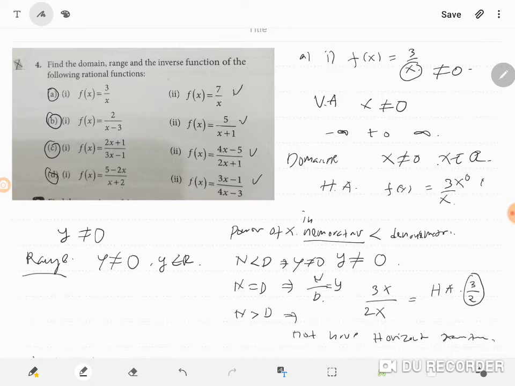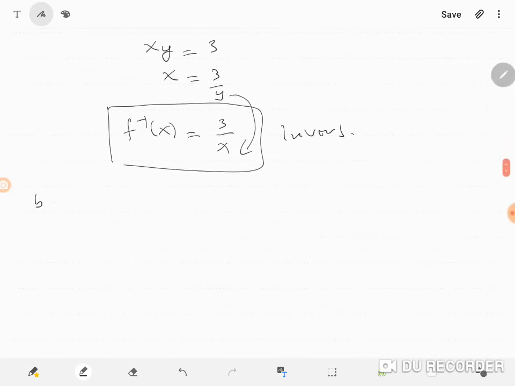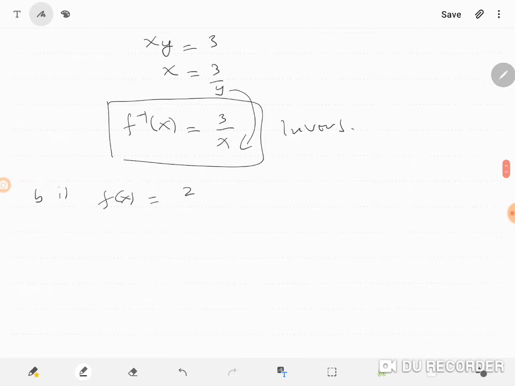Now B: f(x) equals 2 over x minus 3. So our B(i), f(x) equals 2 over x minus 3. The domain is where the denominator is not equal to 0. So x minus 3 not equal to 0, so x not equal to 3.